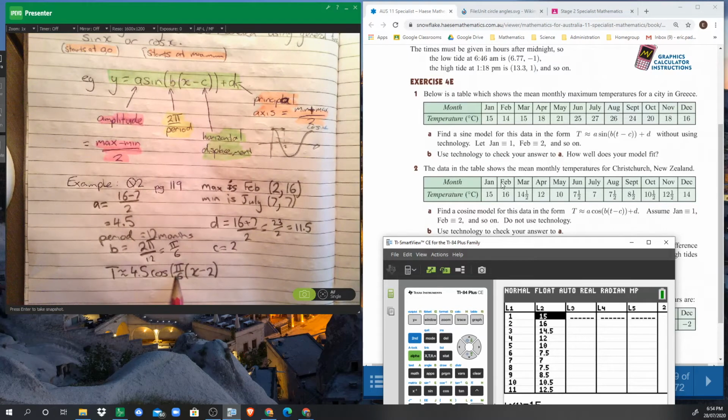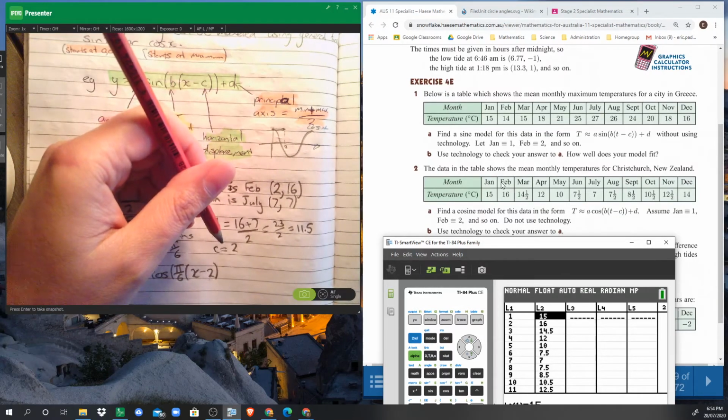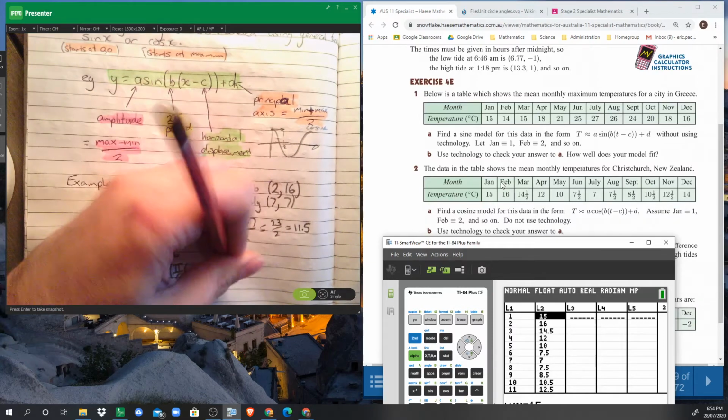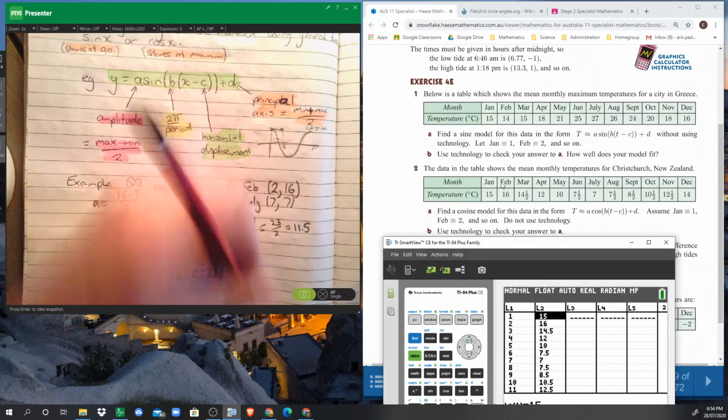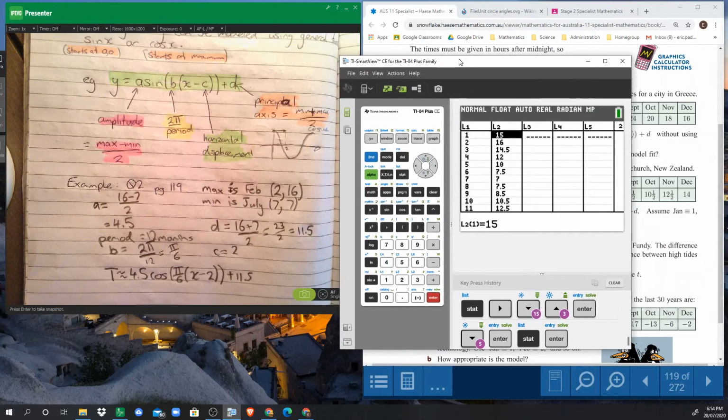Notice how that 2 is inside the bracket, so this is going to affect the period as well. I'll see how that works. Hopefully this is going to be fine. And then plus 11.5.